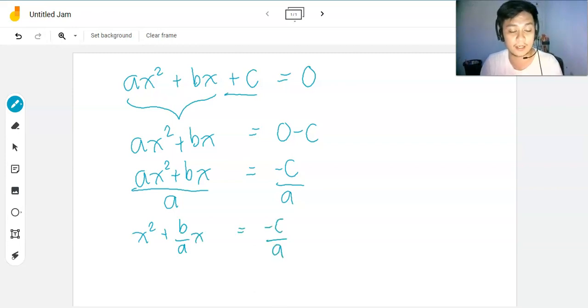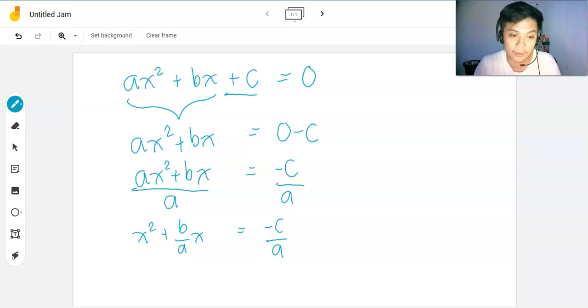So again, yung quadratic term natin naging x squared na lang nga kasi a divided by a is equal to 1. Of course, our premise here is that a cannot be equal to 0. And then, yung b divided by a can just be written as b over a, and then we affix x.